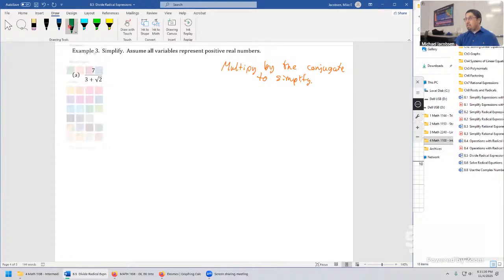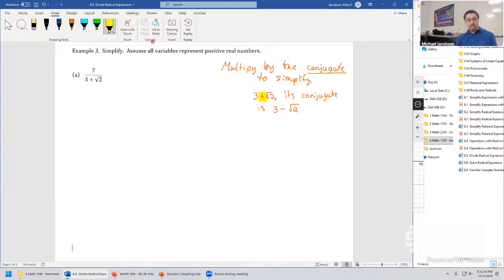So here's the idea we're going to connect together. If you have 3 plus root 2, its conjugate, the thing we need to multiply by, is 3 minus square root of 2.